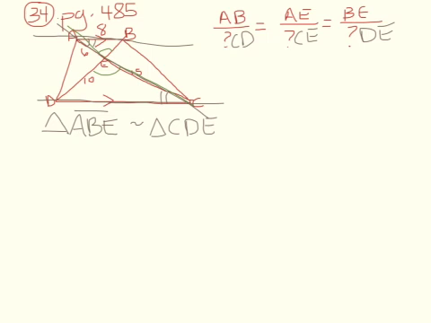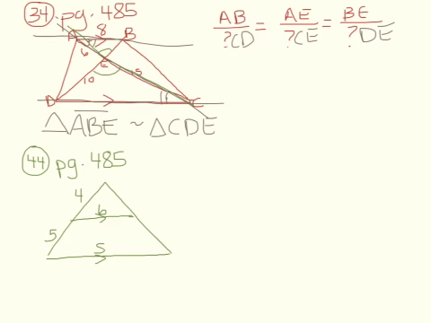You have to really be careful here because you probably would have gotten AB and CD right, but because angle A is congruent to angle C, those are on opposite sides here. Make sure that you've got that AE is proportional to CE and not to DE.